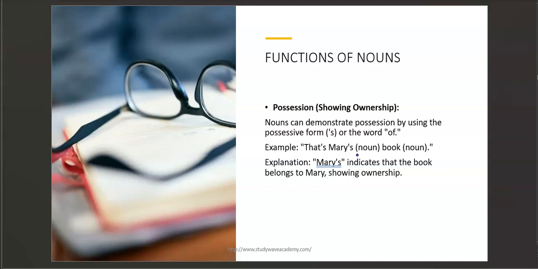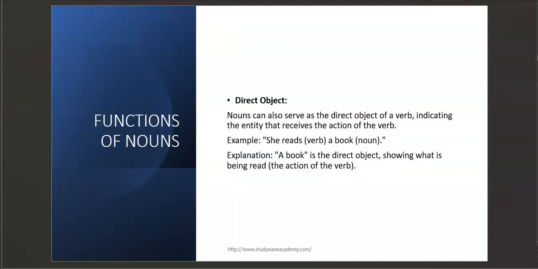The book does not belong to anyone else but Mary, okay? So Mary owns this book. John's bag was lost. The apostrophe and the S at the end of the name John show possession. So the owner of the bag is John. Okay, so that is another function. So class, we've looked at various functions here. I'll just go back through them very fast, just mentioning them.